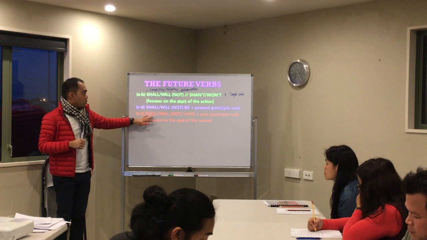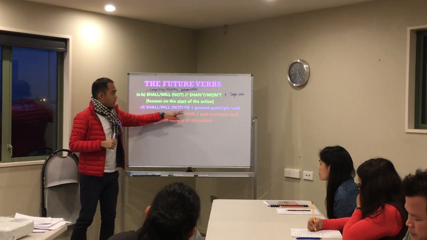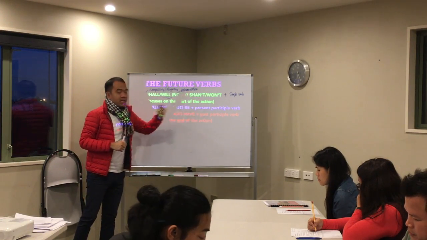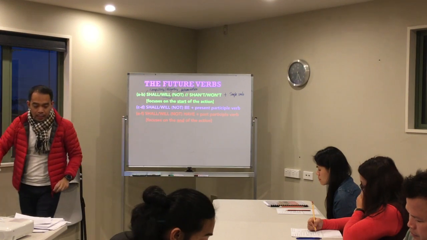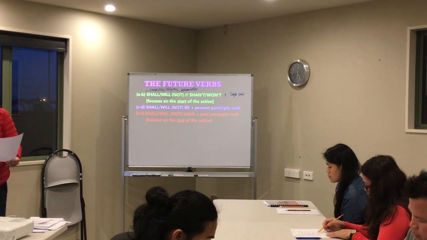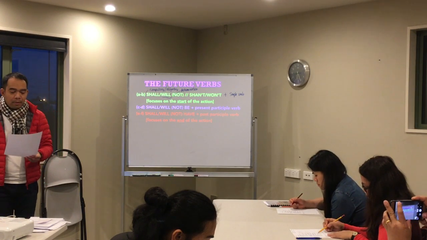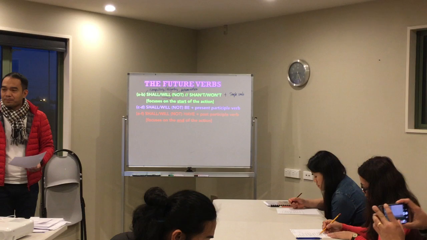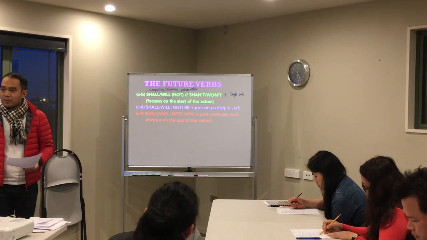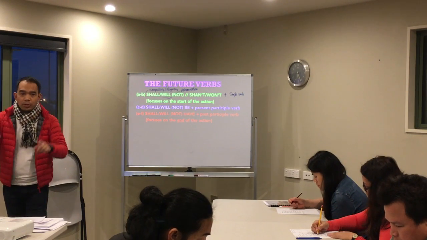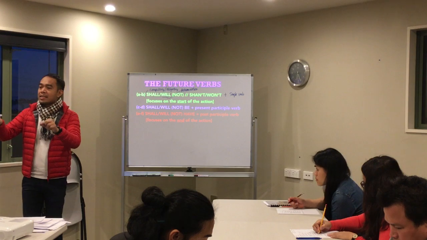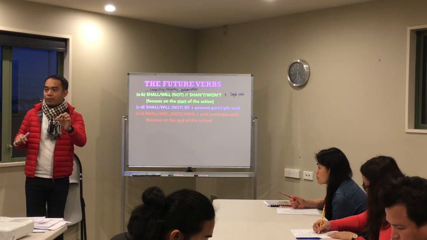We say shall or will plus have and the past participle verb. Take a look at examples E and F. Martha will have finished the course by the end of the month. For example, you guys will have ended this course by September 30th.